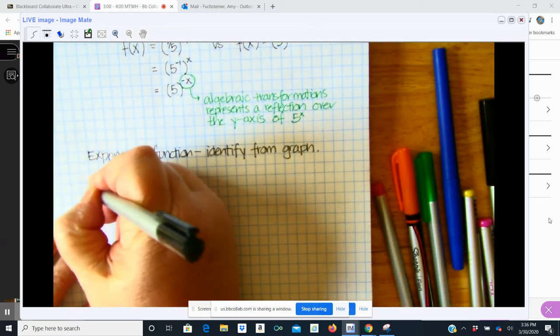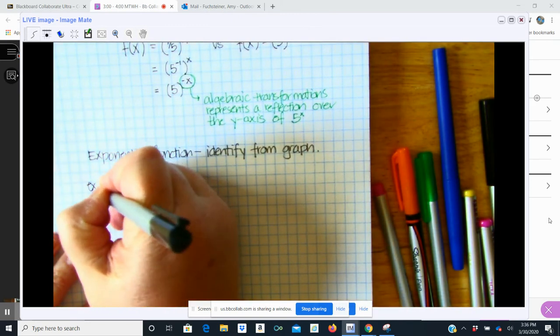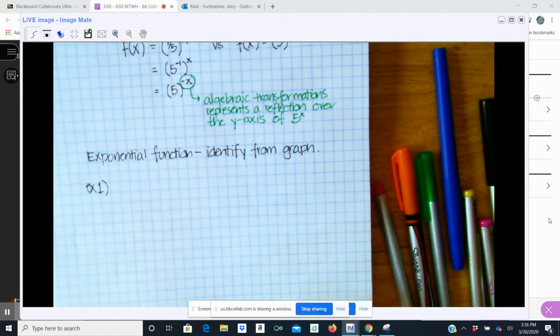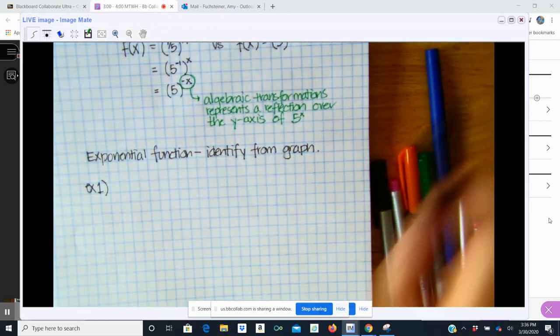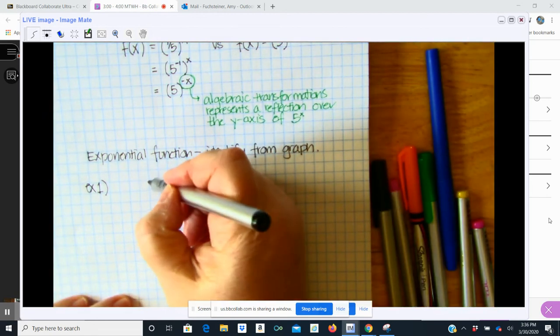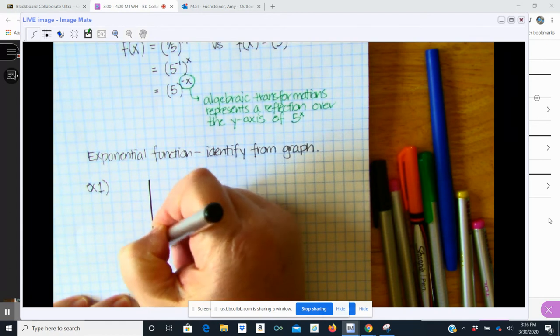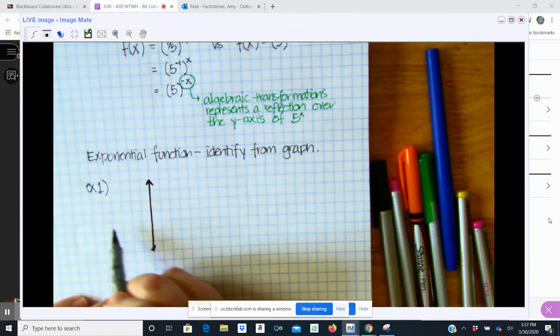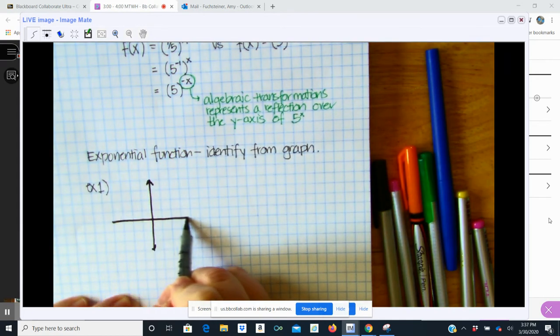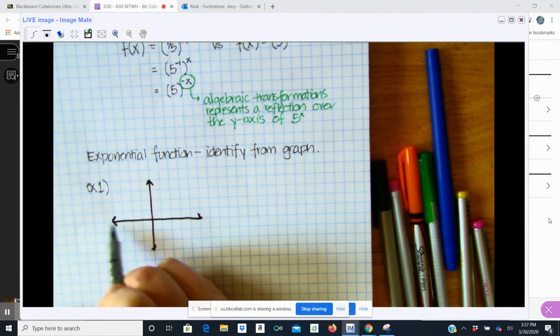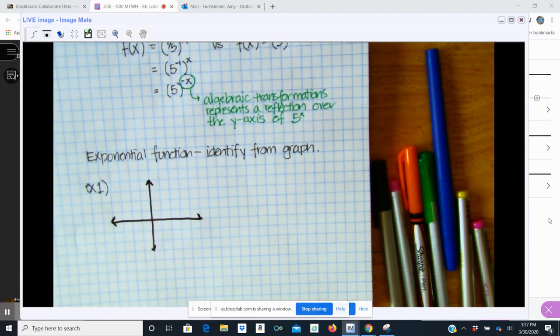So, for example, I'm going to draw a graph here.